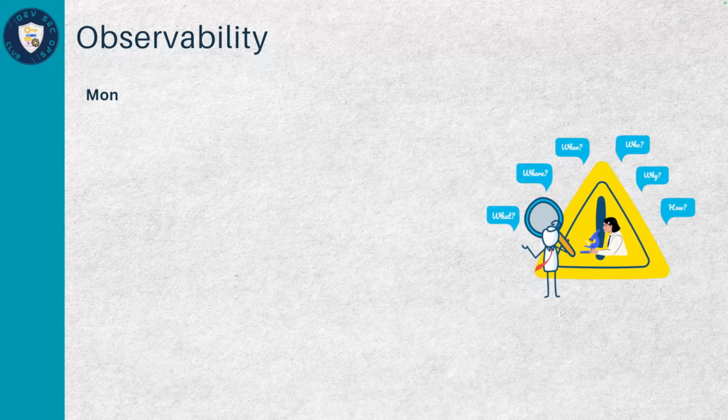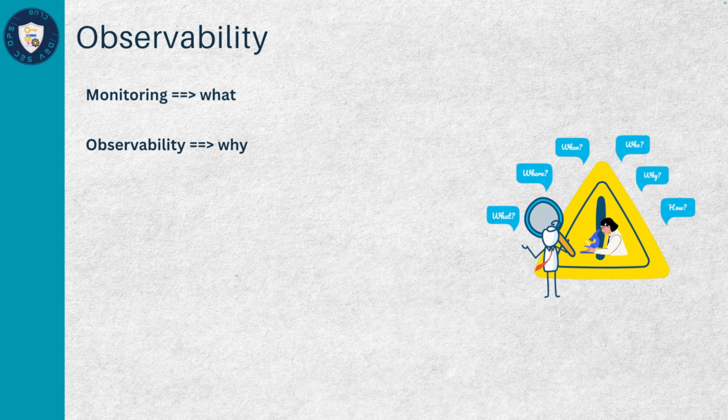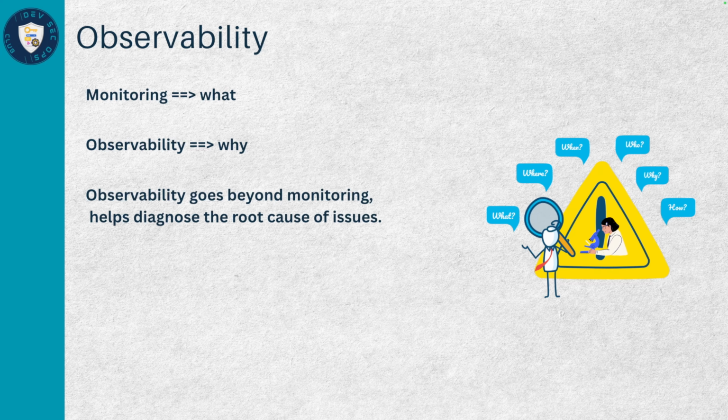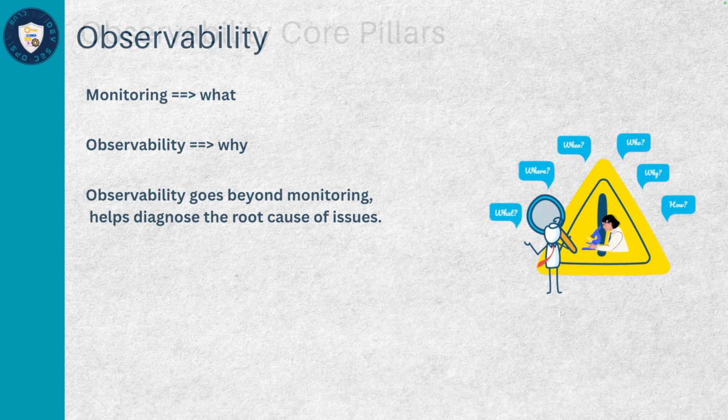So monitoring tells us what is happening, and observability lets us know why it is happening. Observability goes beyond monitoring and helps diagnose the root cause of an issue.